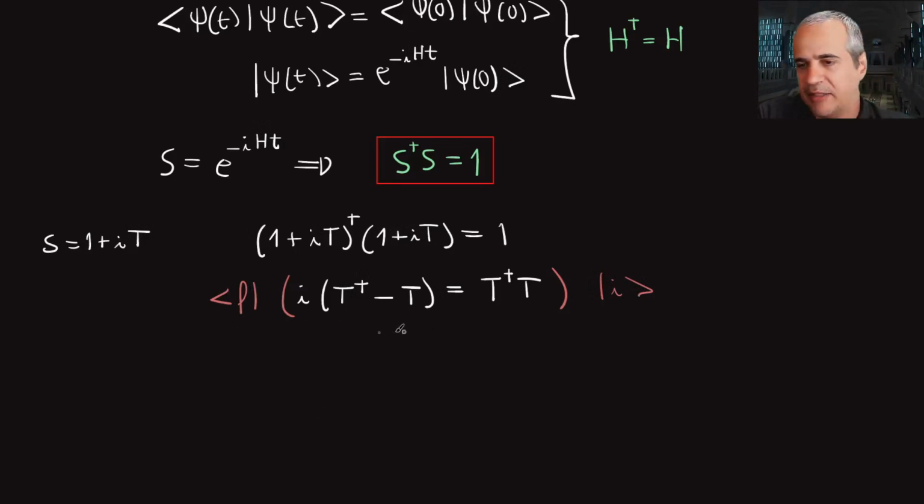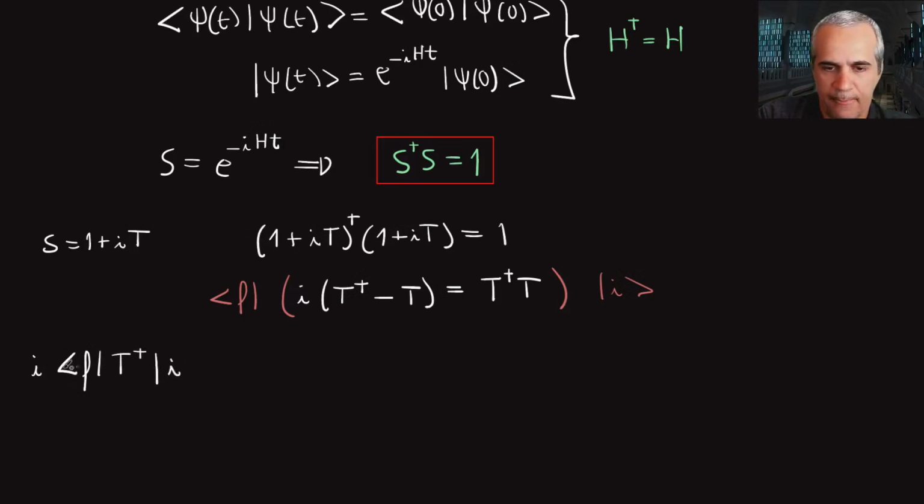Now I can move these factors of i outside. The left-hand side of this equation will be i⟨F|T†|I⟩ minus i⟨F|T|I⟩.